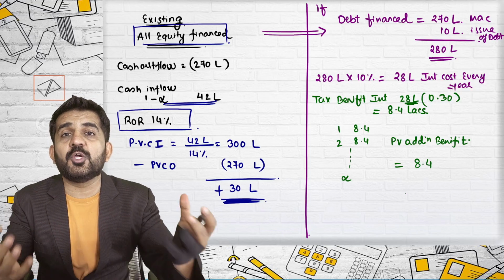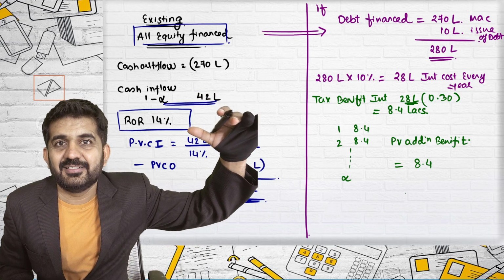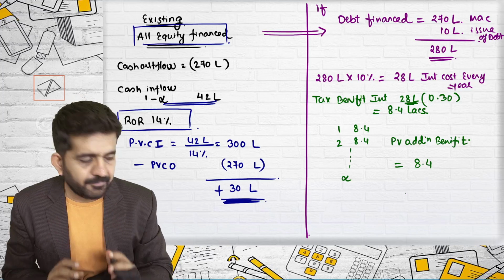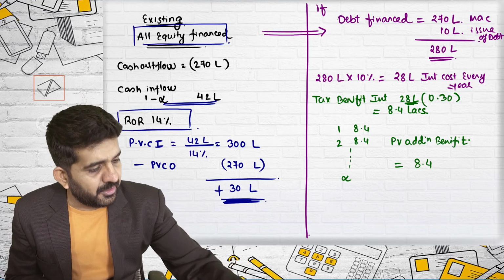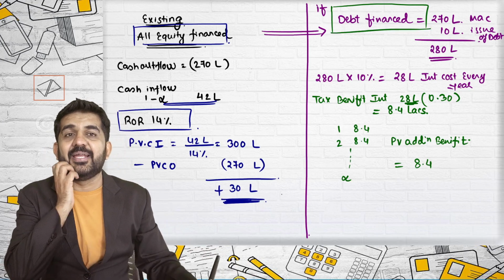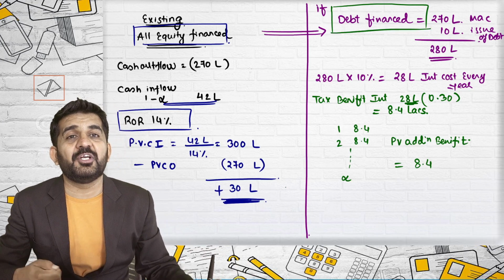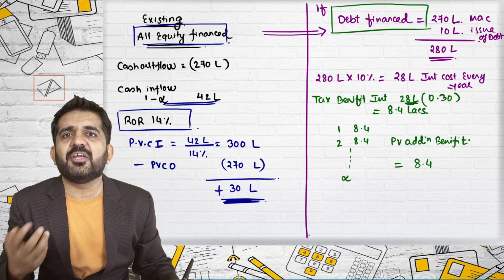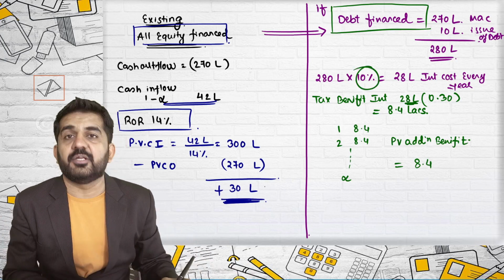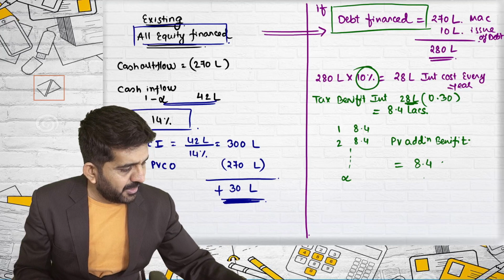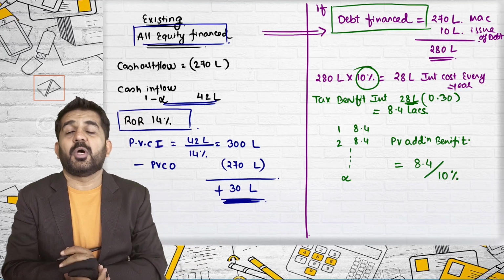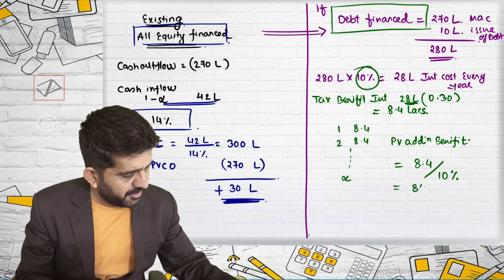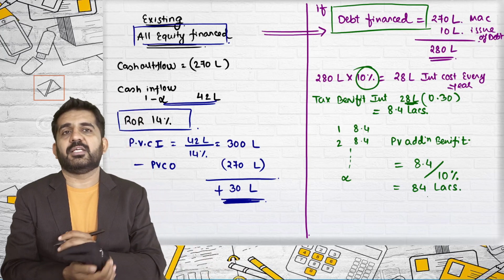Equity shareholders' required rate of return is always higher than debenture holders. So only cost of equity is higher than cost of debt. So if 100% of finance is done by debt, then required rate of return of debenture holders will be only 10%. They are not having a required rate of return of 14%. See what they want, 10%. So their required rate of return is only 10%. So I should discount this cash flow at the rate of 10%. And this present value of additional benefit will be 84 lakhs.